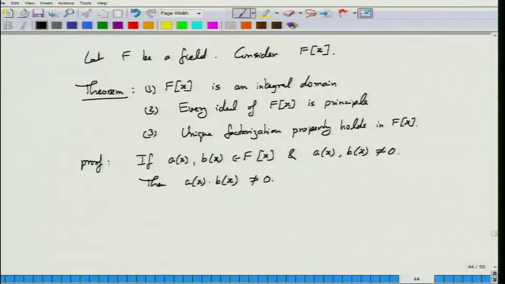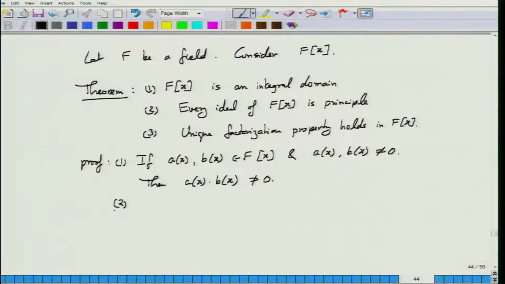The reason is very simple. You take the highest degree term of A and the highest degree term of B, their product will give the highest degree term of A times B, and that coefficient will be non-zero. So this is simply borrowing the fact that F is an integral domain, and therefore F[x] will also be an integral domain. So that takes care of the first property.